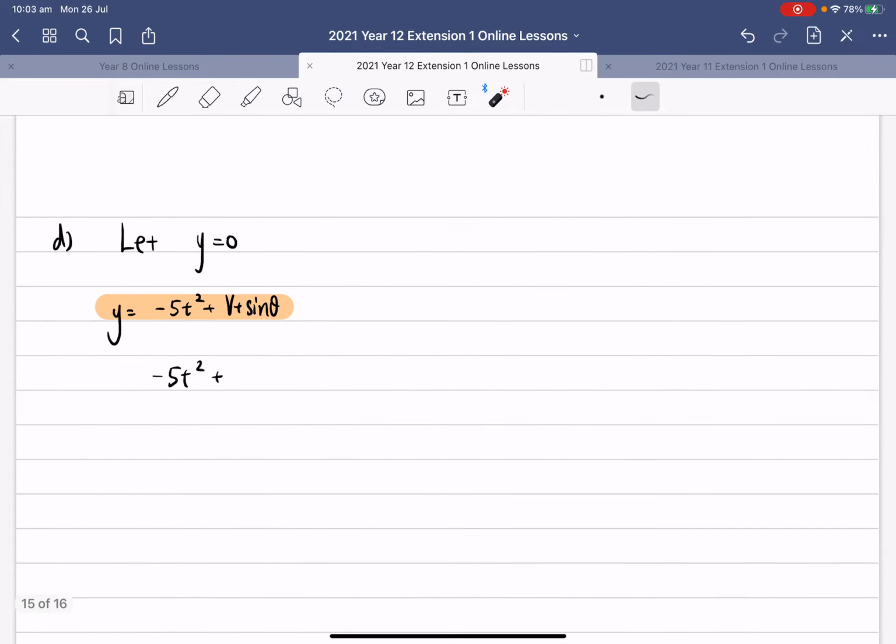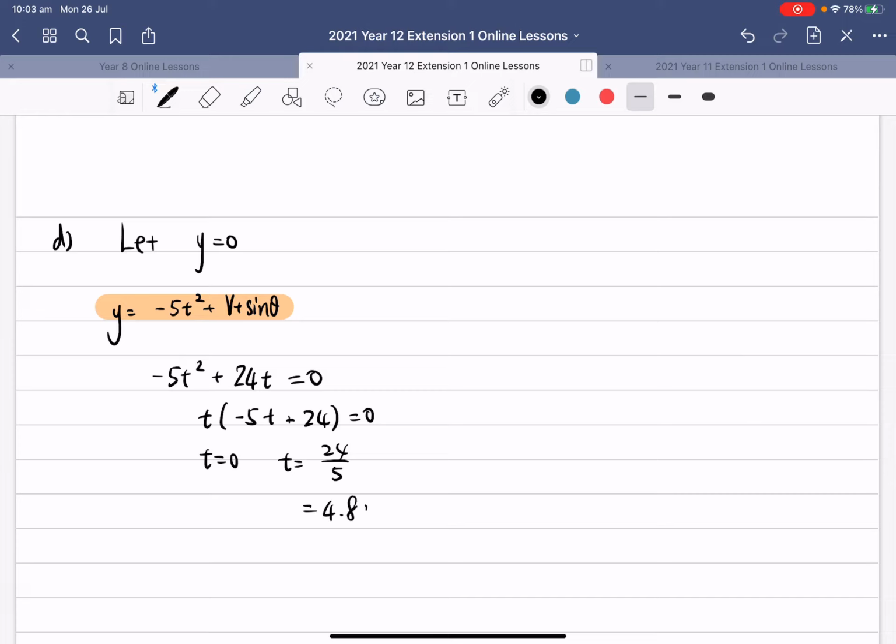So in that case, we can just replace v sine theta with 24, so 24t is equal to 0. That way it's much easier, so you don't have to substitute theta and the velocity back into here. So we take the t outside. That's negative 5t plus 24 is equal to 0. T equals 0, or t is equal to 24 over 5. So 24 over 5, that's 4.8 seconds.